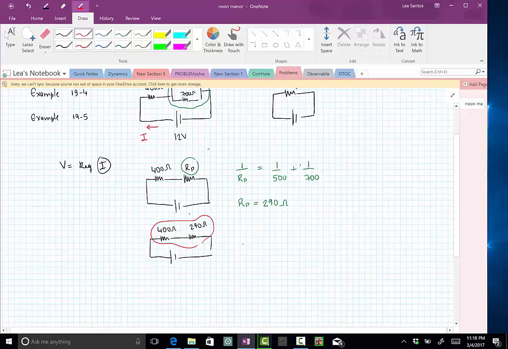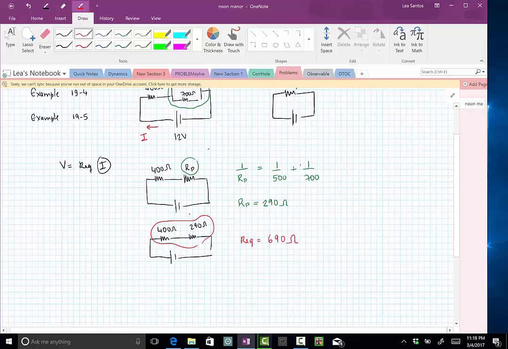So I know that the equivalent resistance is just the sum of the two. The current has to pass through both resistances. It has no place to escape. So these two resistances have to add up. 400 plus 290 gives us 690 ohms.